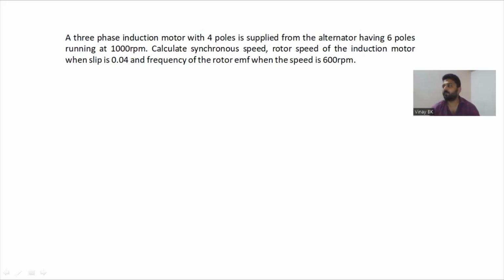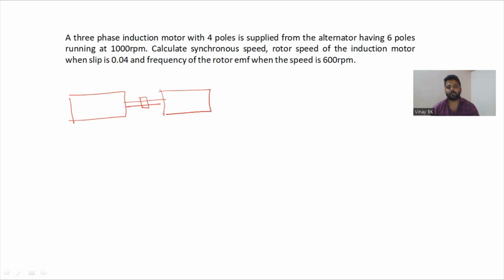There is one problem: a 3-phase induction motor with 4 poles supplied from an alternator, which means there is a motor supplied from an alternator. The alternator and motor are coupled together.